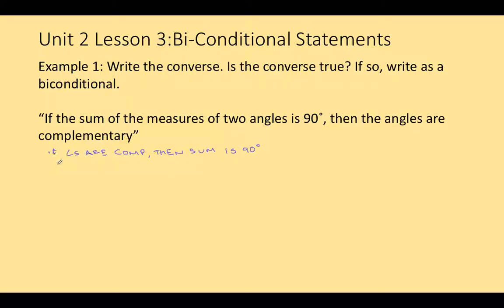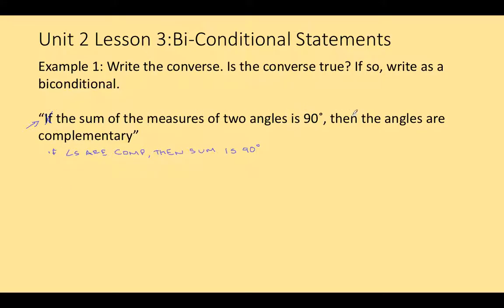Okay, so here is my converse. Let's see, is the converse also true? If I have two angles that are complementary, will their sum be 90 degrees? And the answer to that is yes. And so let's write this as a biconditional. So we'll go back to the original conditional here, although it would be possible to stick with this one. We're going to get rid of the if.